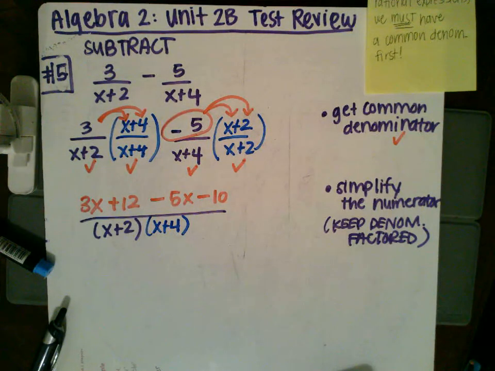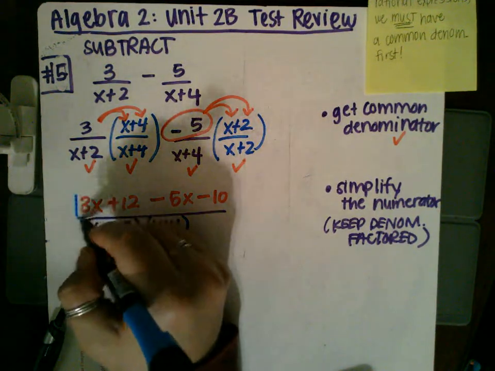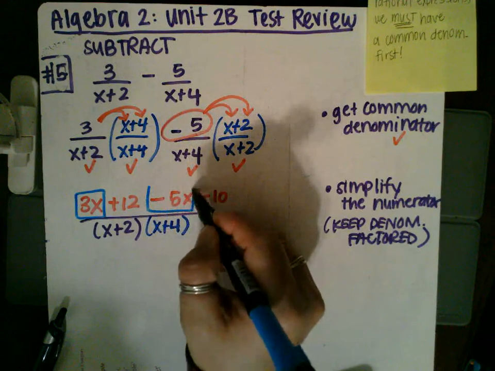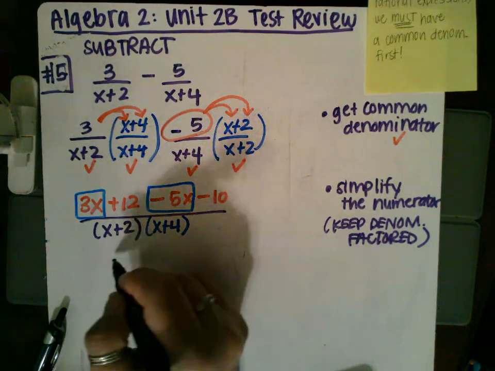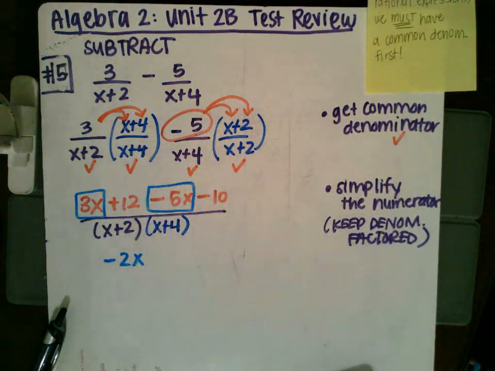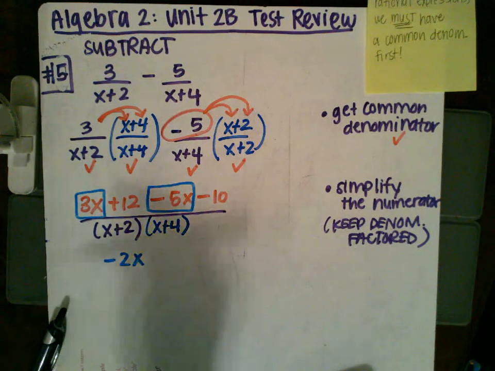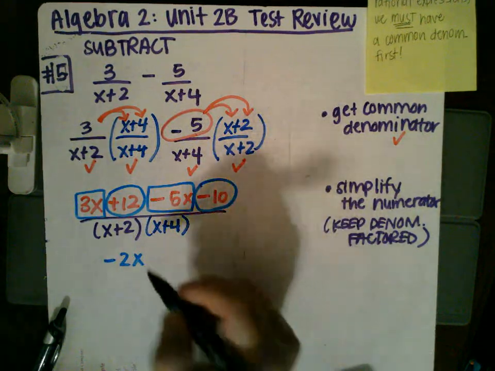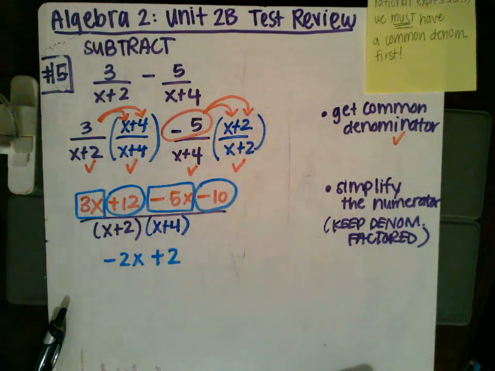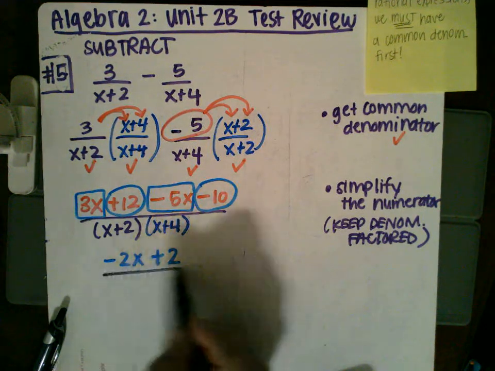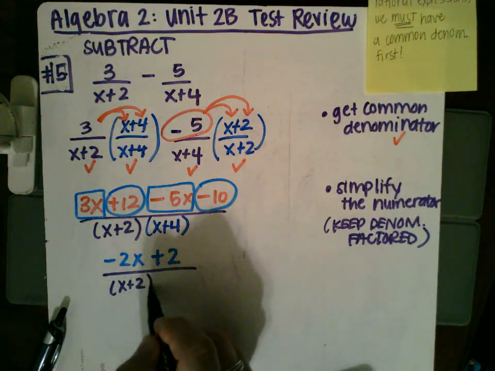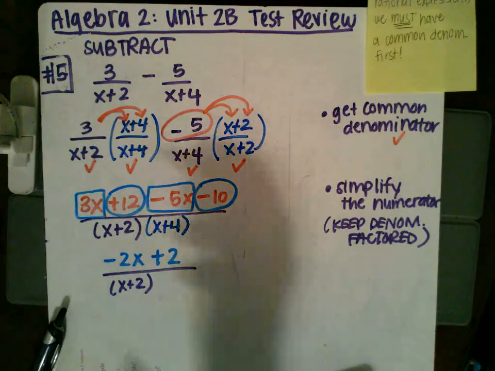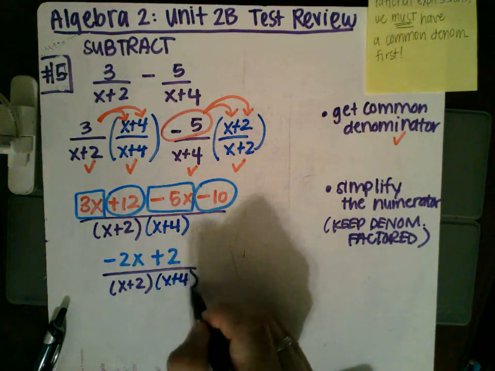And of course, we're going to combine our like terms, so x's with x's, numbers with numbers. 3x minus 5x, so 3 minus 5 is negative 2, and there were x's. And then 12, positive 12 minus 10 is positive 2, all over our common denominator of x plus 2 and x plus 4.